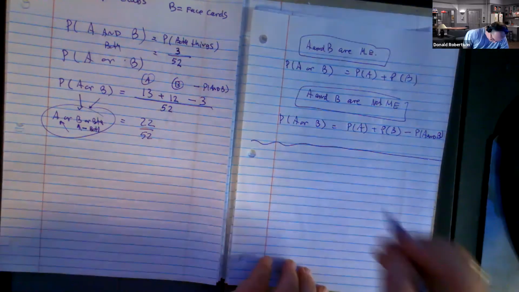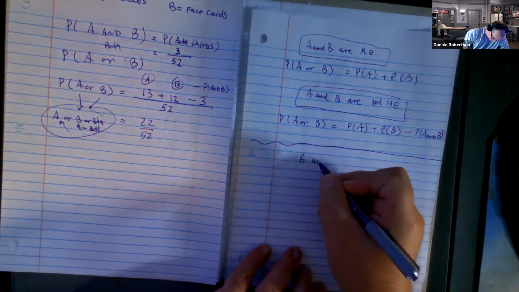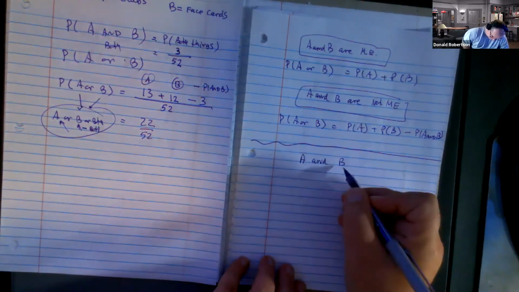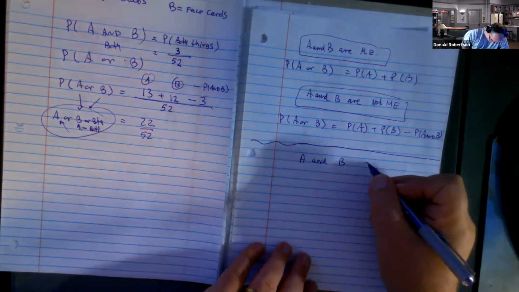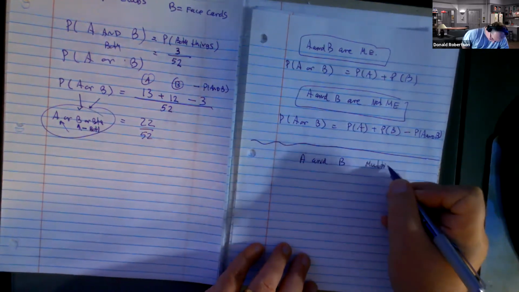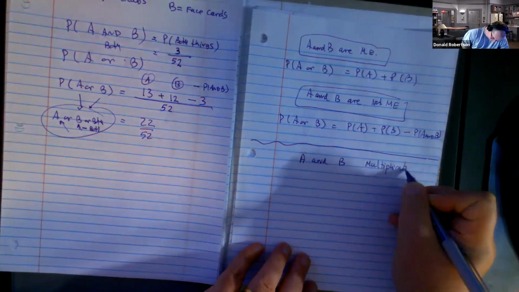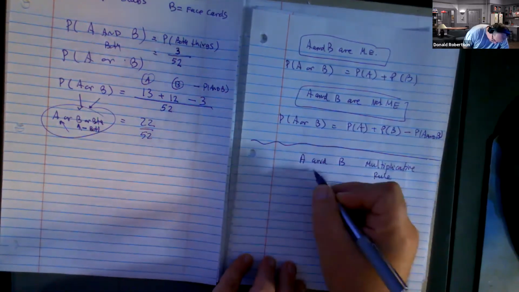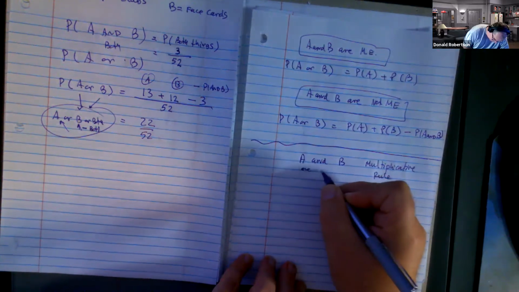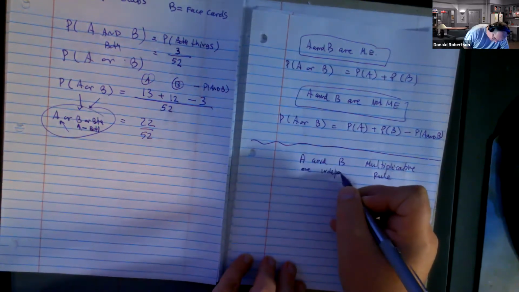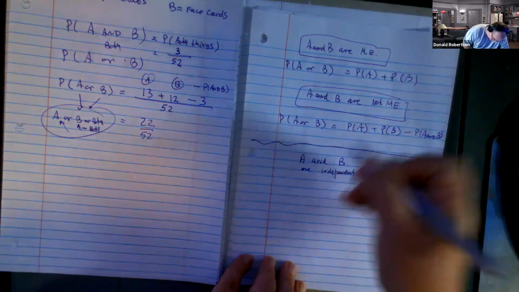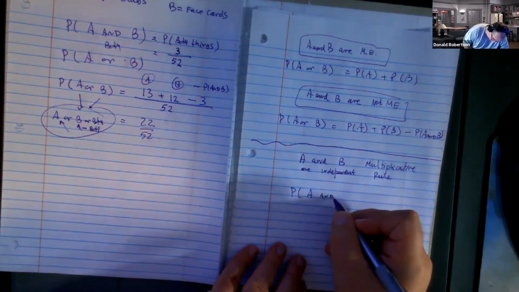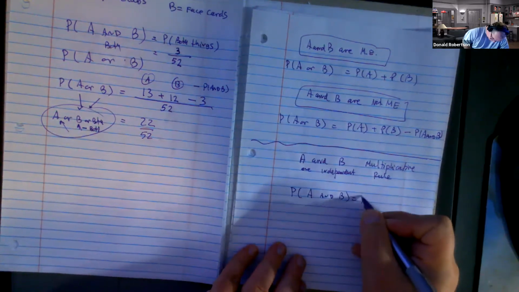Now, on the other hand, the A and B questions, the multiplicative rule, which is the one you were talking about, says that if A and B are independent, so if we know they don't have any direct connection to each other, and you want to find A and B, then you can just multiply the two of them together.